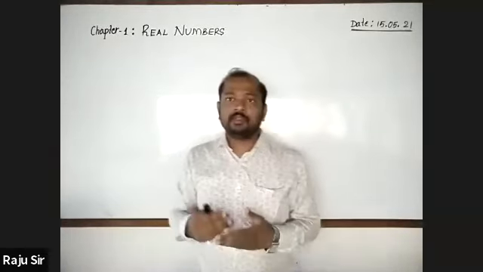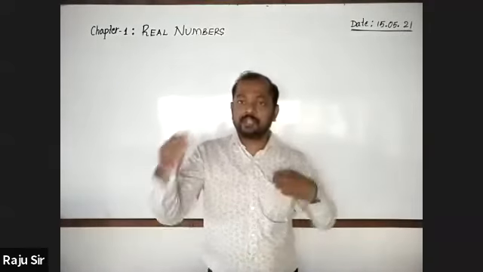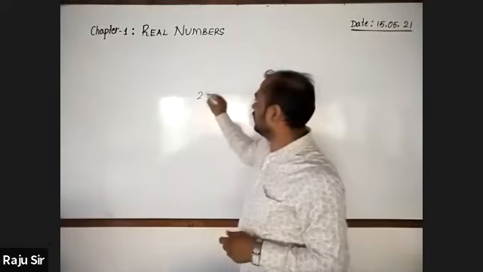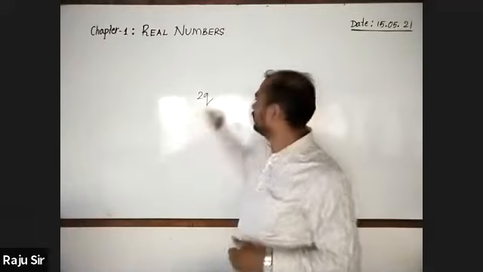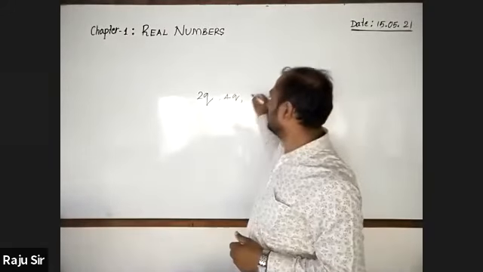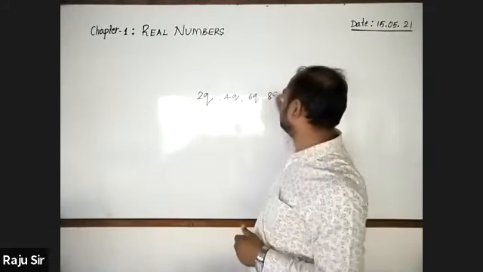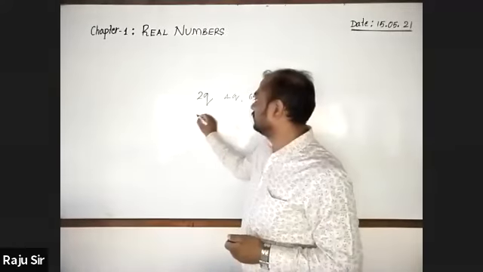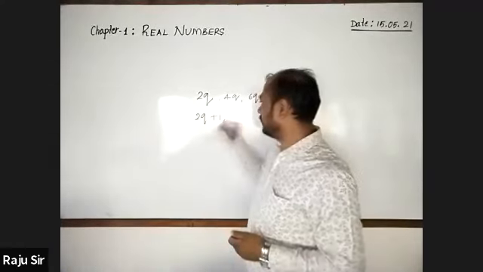Then after that, we came across how even numbers and odd numbers can be expressed. In general, an even number can be written in the form of either 2q or 4q, 6q, 8q, and so on. Similarly, odd numbers can be expressed in the form of 2q plus 1.